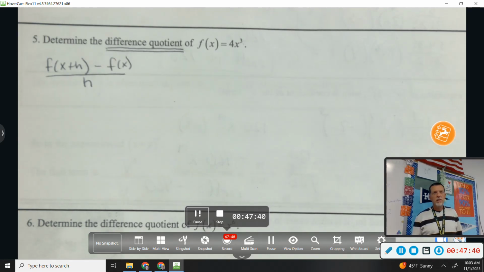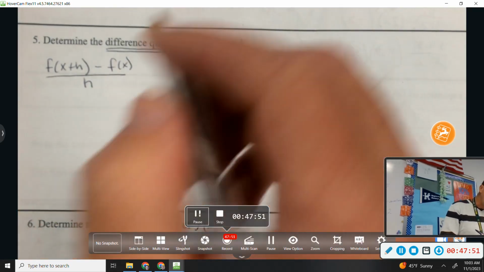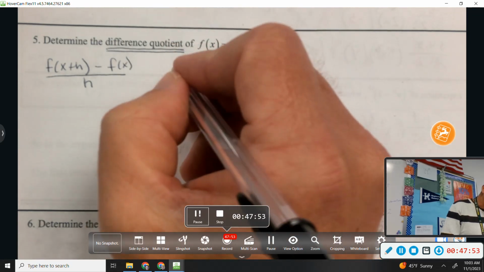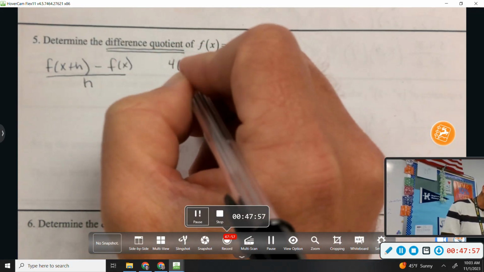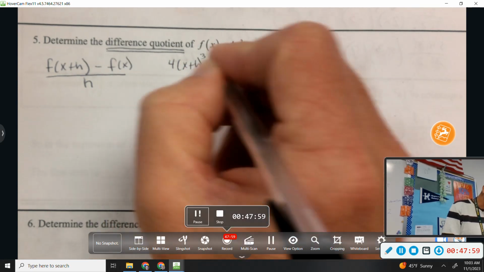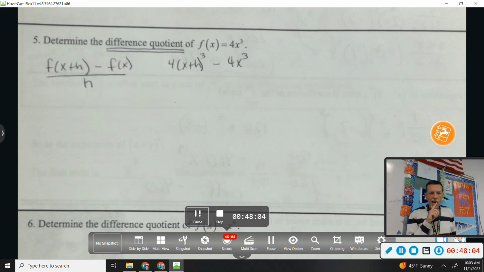Yeah, y'all had the cost of the paint can thing. Other classes had difference quotient as a bonus, which would be a lot easier now because we know how to expand x cubed. So f of x plus h would mean 4 times x plus h cubed minus 4x cubed all over h.